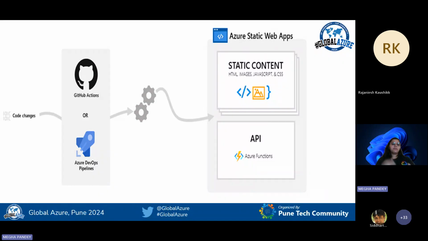First you have to be approved for parallelism, and then you will be able to host a pipeline, and then you will be able to host your static web app on the web. So we are going to work on GitHub Actions only, and then we'll have a little bit of demo about Azure DevOps.